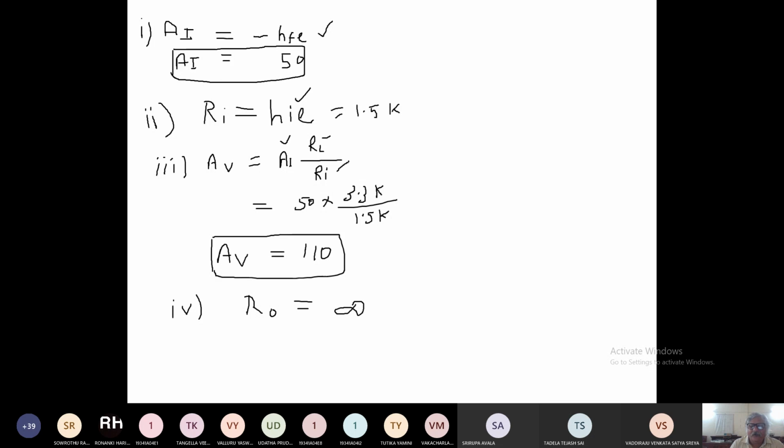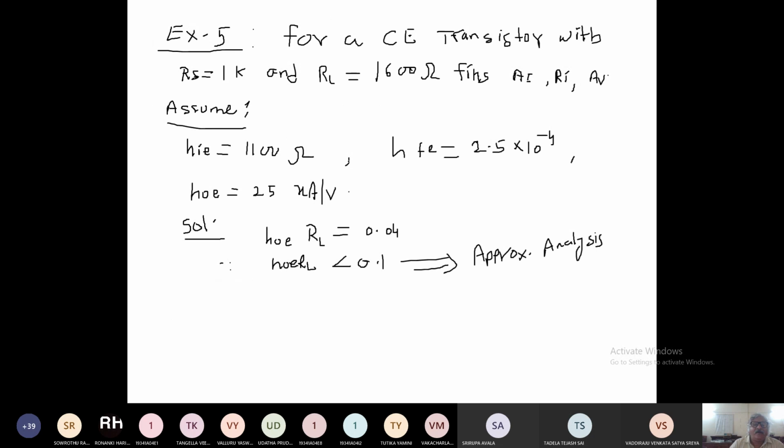So there is no need of HRE. In the numerical also they have not given the value of HRE, because directly by using approximate analysis we can do the analysis. So this is about the H parameter and a few of the numericals which we can solve.